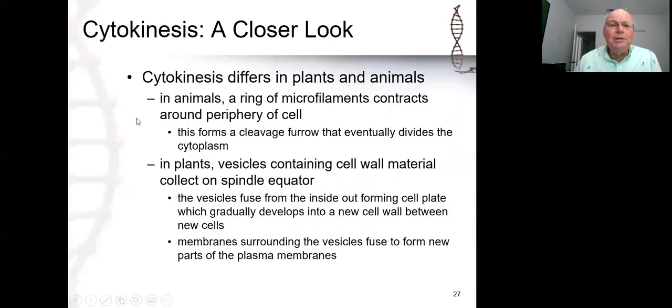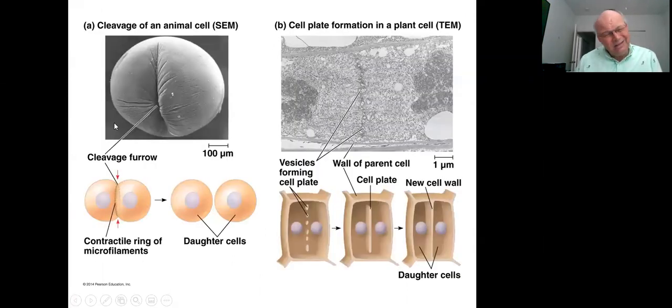Then the other thing that we need to bear in mind is that plant and animal cells cannot do cytokinesis in the same way. And you might ask, why? Well, the answer is simply because plant cells have a cell wall that must remain intact for this plant cell to function properly. Animal cells don't.